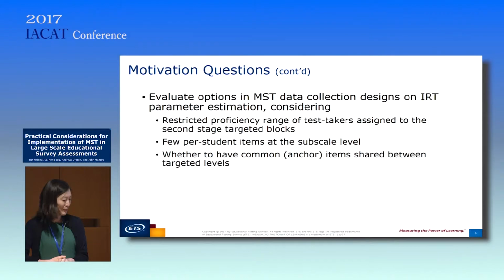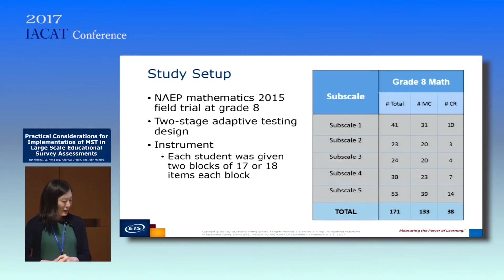Will that be a problem? And whether you want to build in some common items between different target levels, which is often not done for MST. Those panels are often mutually exclusive from each other. But maybe you need some common items across difficulty levels to be able to estimate item parameters with the design.